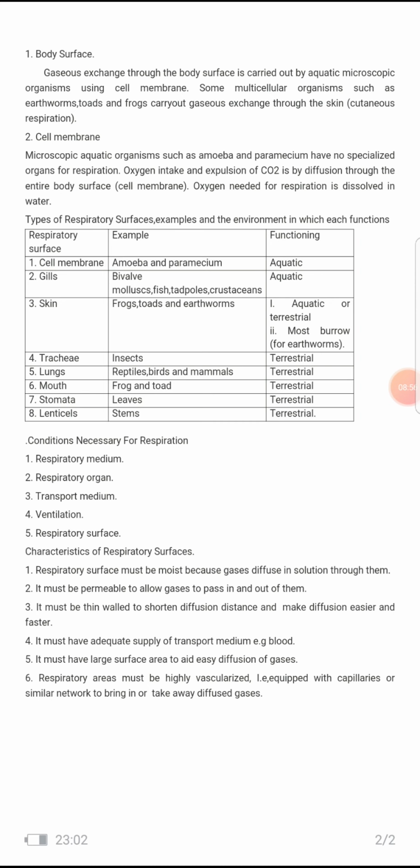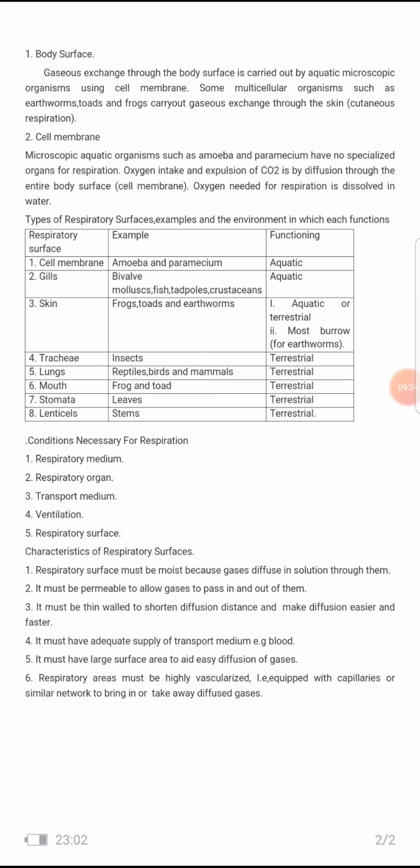Ventilation. There must be ventilation. Respiratory surfaces are also needed, like either cell membrane, gills, skin, trachea, lungs, mouth, stomata, depending on the animal that wants to go through the process of respiration.